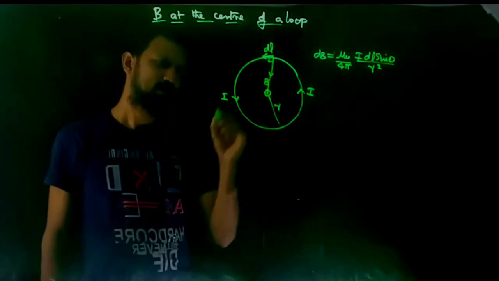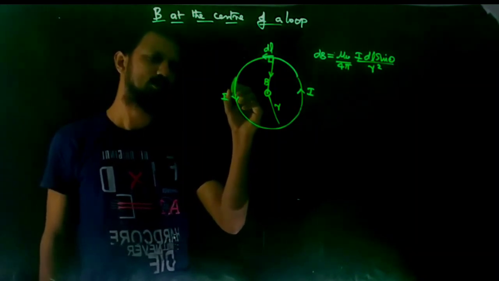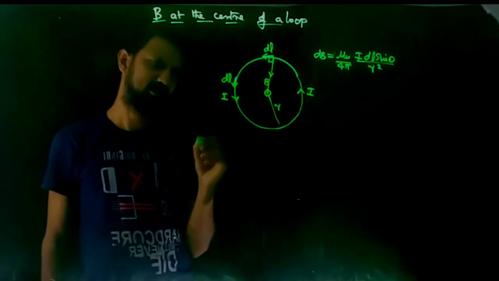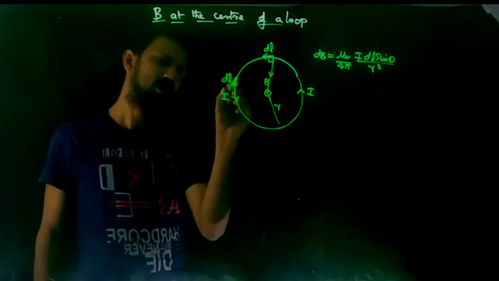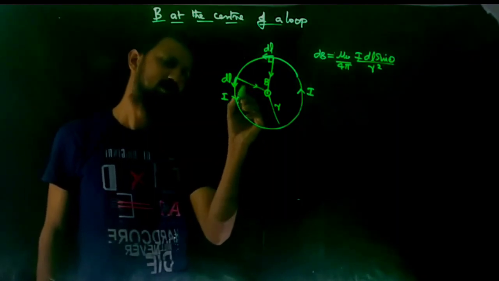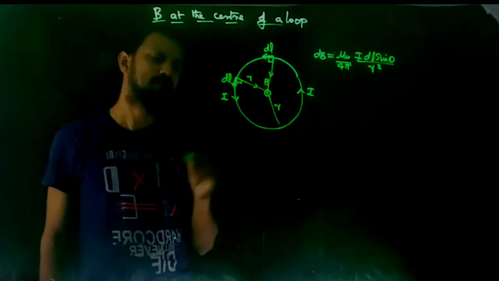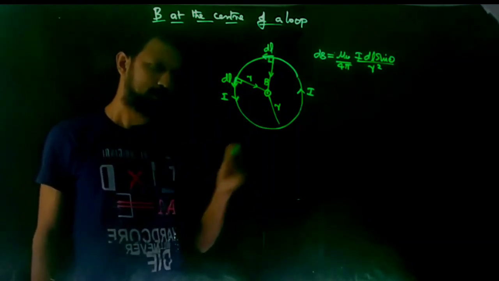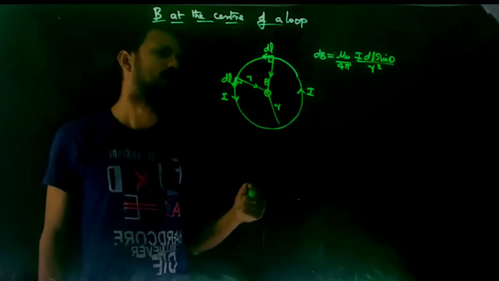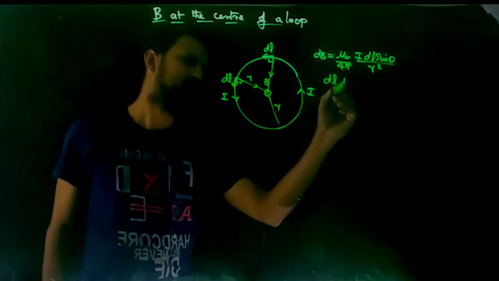In another situation, if dl is over here, r will be from dl to the center, and in this case also dl is perpendicular to r. Throughout the circular loop, dl is perpendicular to r.